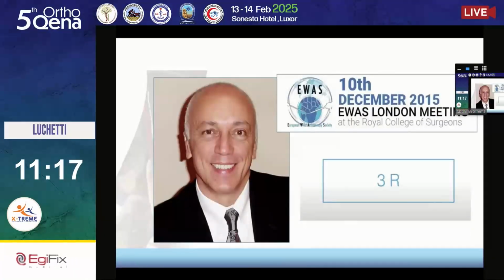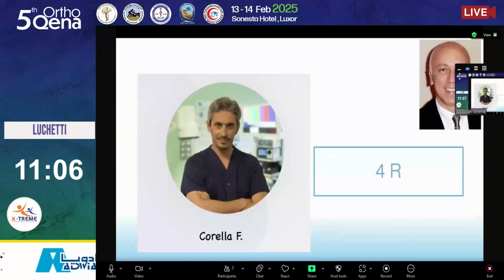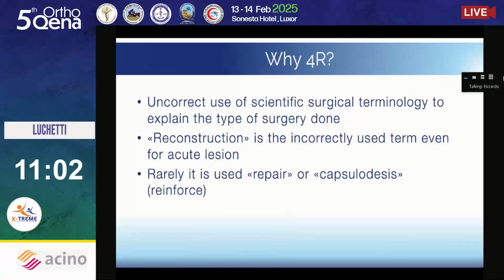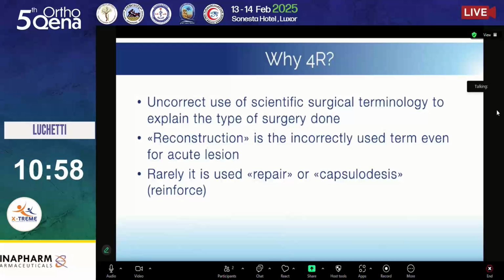The 3R, what is the 3R? More than 10 years ago, I suggested to use a correct terminology, and Korea changed it from 3R to 4R. What are they? They are the techniques of repair, reinforcement, reconstruction, and resection.